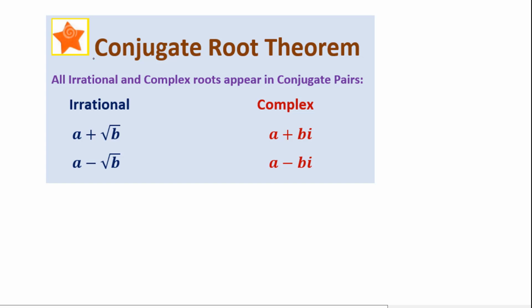Let's talk about the conjugate root theorem. All irrational and complex roots appear in conjugate pairs. For irrational roots, if a plus square root of b is a root, then a minus square root of b must be a root. For complex roots, if a plus bi is a root, then a minus bi must be a root.